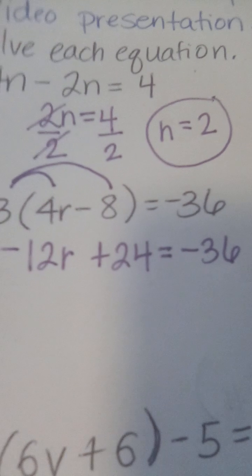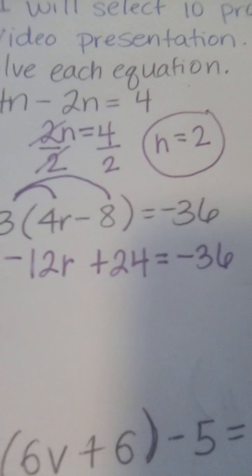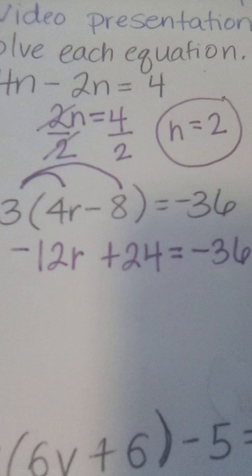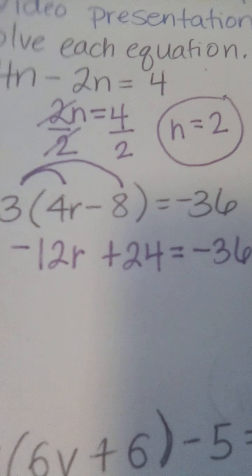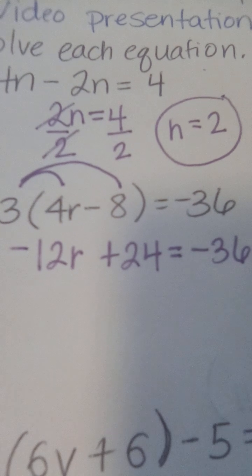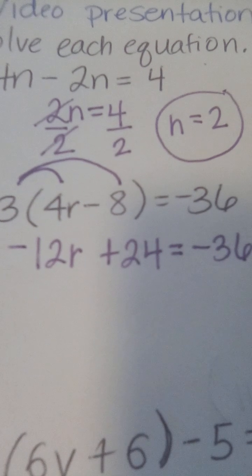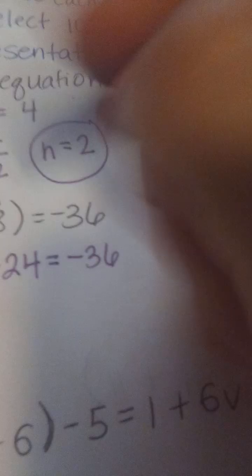All right. Now, what do we need to do here to the left side to make this almost complete? Do we subtract 24 or add 36 to both sides? We subtract 24.